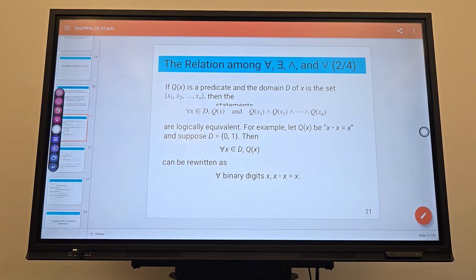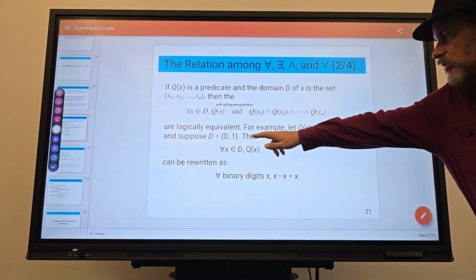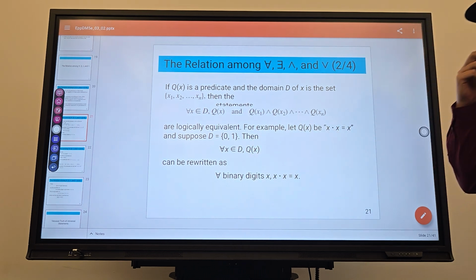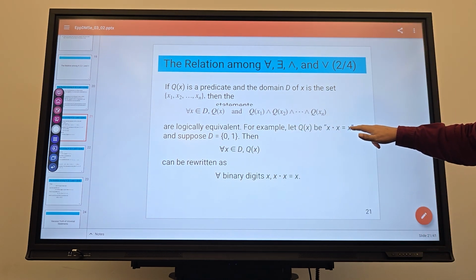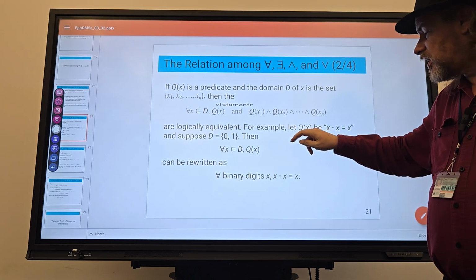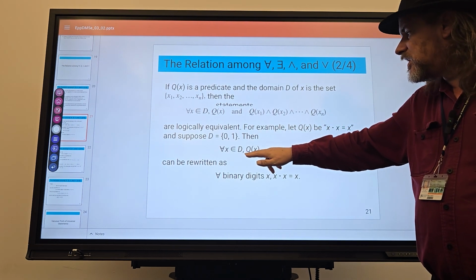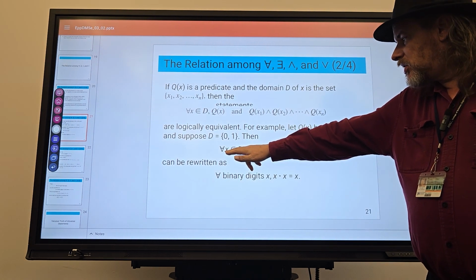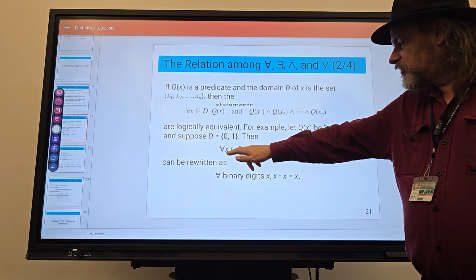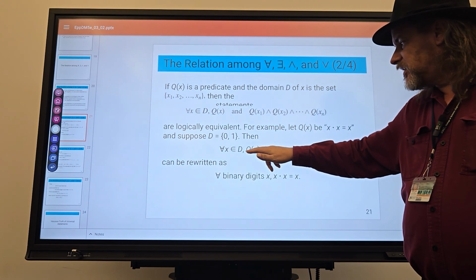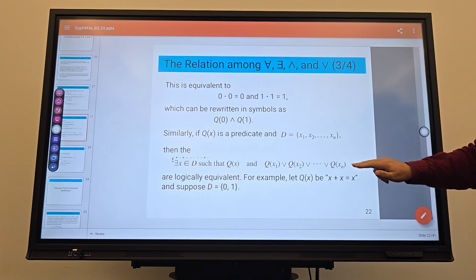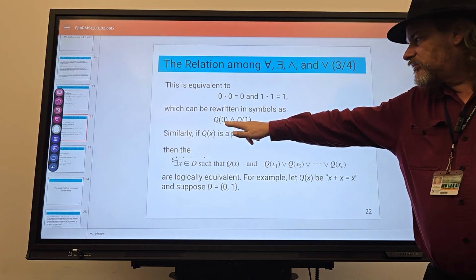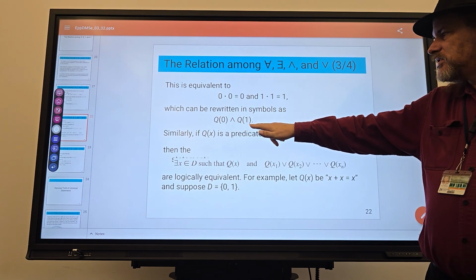So for example, if D is 0 and 1, for all x, and Q of x is x squared equals x, for all x in D, Q of x is the same as Q of 0 and Q of 1.